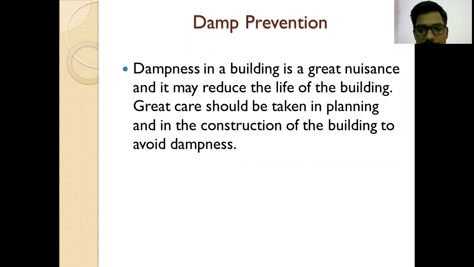Great care should be taken in planning and in the construction of the building to avoid dampness. While constructing the building, the supervision should be keen, and whatever SOP is there, we have to follow it while constructing each and every element. Otherwise, we have to face the problem of dampness.